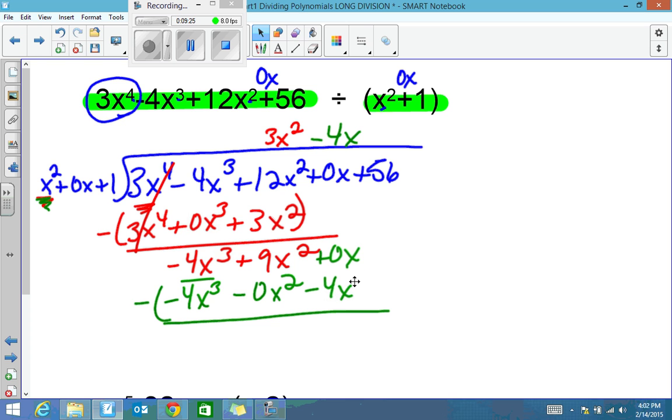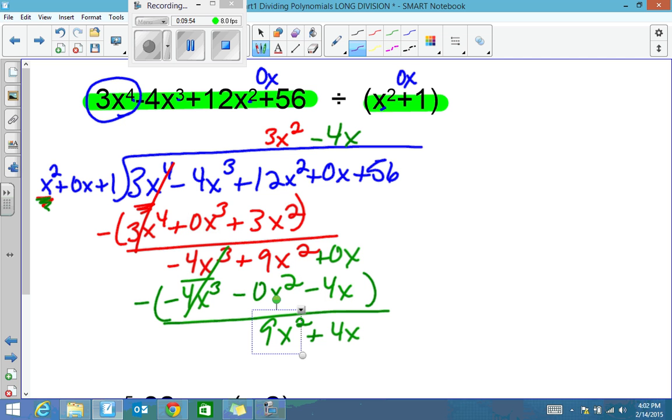Now we subtract. Negative 4x minus a negative makes it a positive, so those cancel. 9x squared minus 0x squared, again, is just going to give us 9x squared. 0x minus a negative 4x really means 0x plus 4x, so we get positive 4x. And next we bring down our next term, 56.